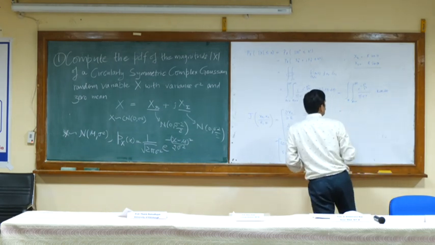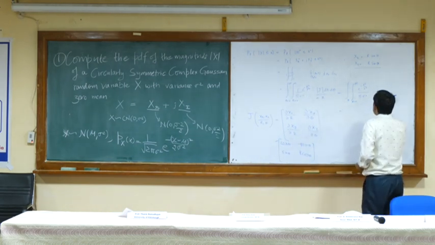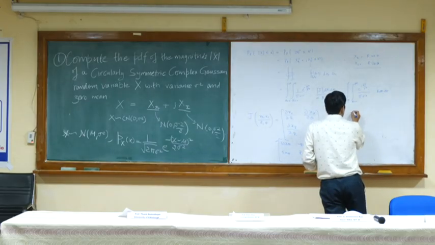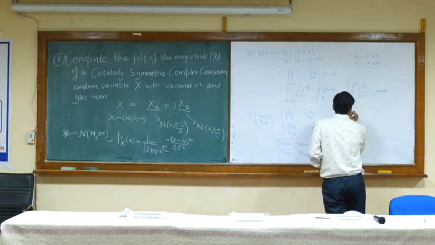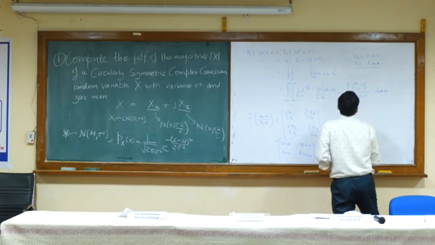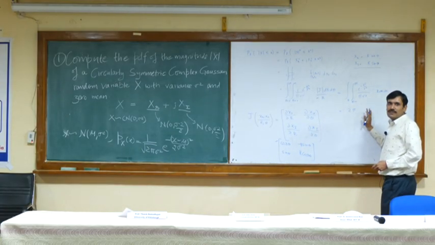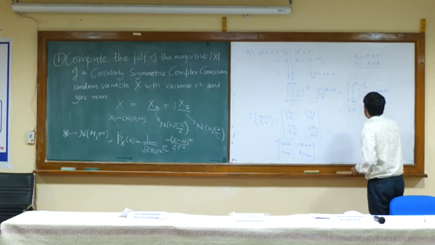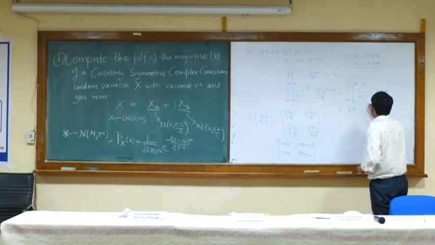Now theta is an independent integral, so you will get 2 pi. Now I have this integral from 0 to infinity.